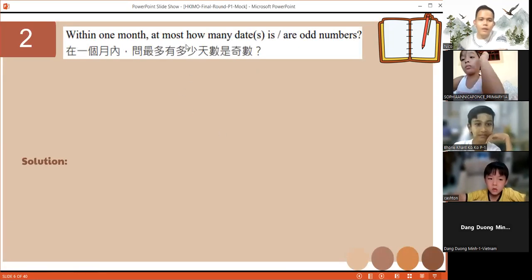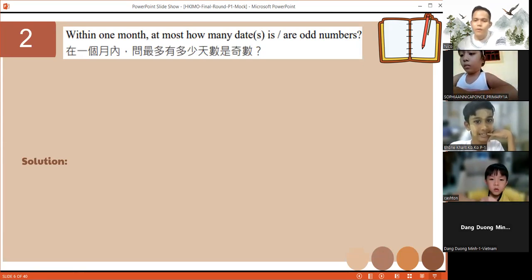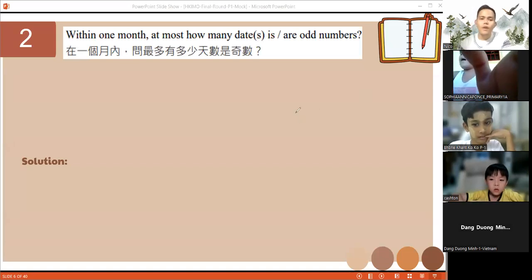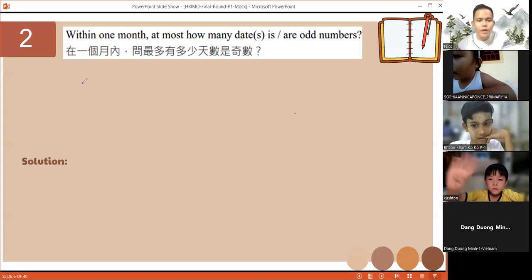Which month has at most how many dates that are odd numbers? So within 1 month, at most how many dates are there with odd numbers? This is also very easy because if you think of it, there are months that have 28 days.